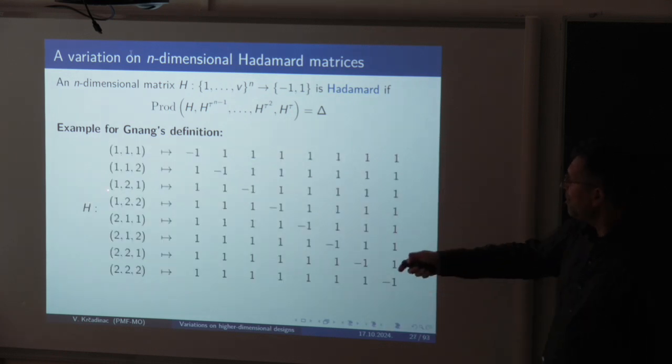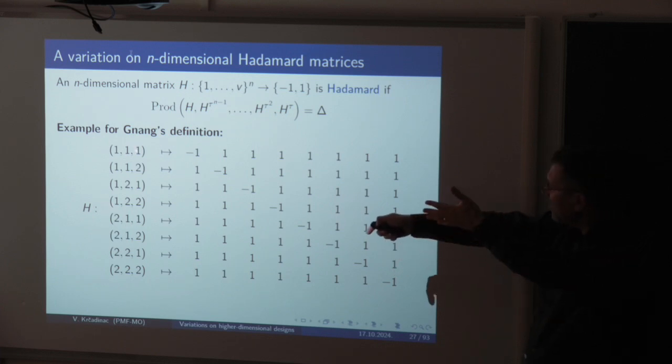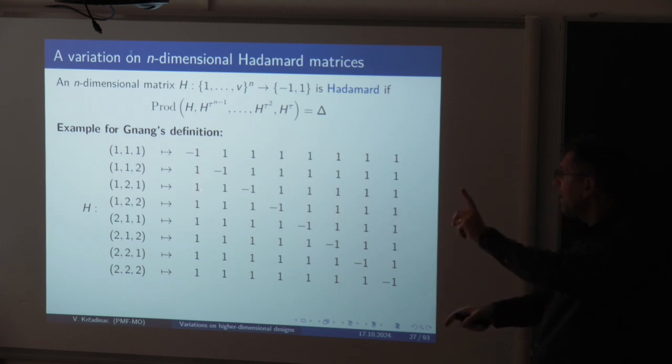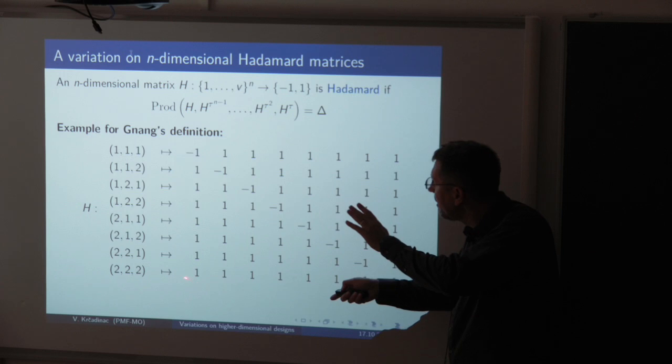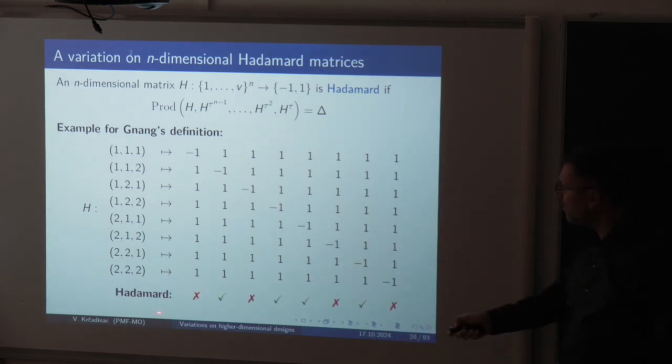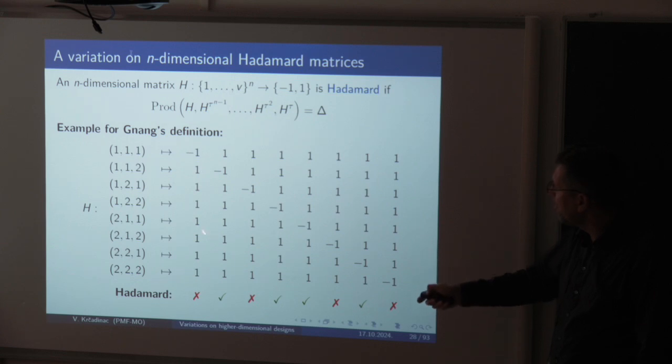So the definition of a three-dimensional 2 by 2 Hadamard matrix is a function that takes these triples and maps them onto either 1 or -1. If you want one -1 sign and all of the other ones, you have 8 possible places where you put it, and it matters whether it is Hadamard or not. So for this one, it's not the Hadamard matrix. Here it is, and here it is.